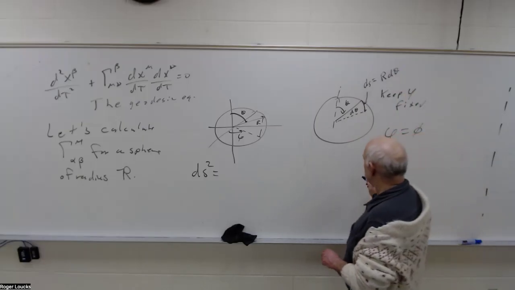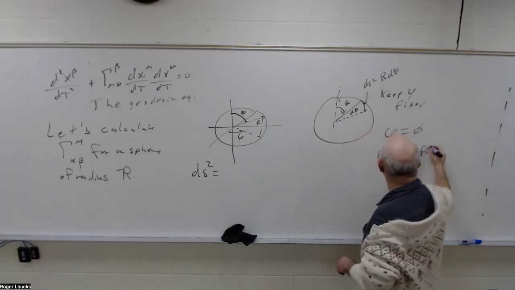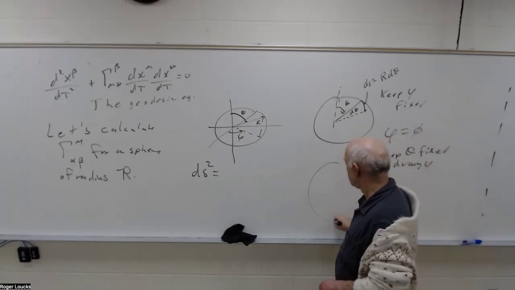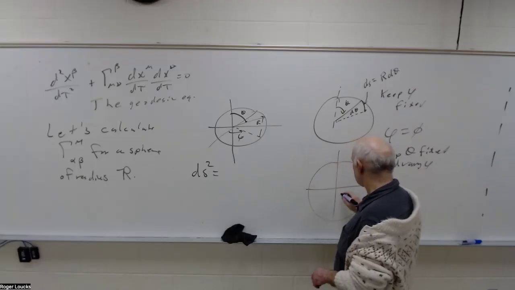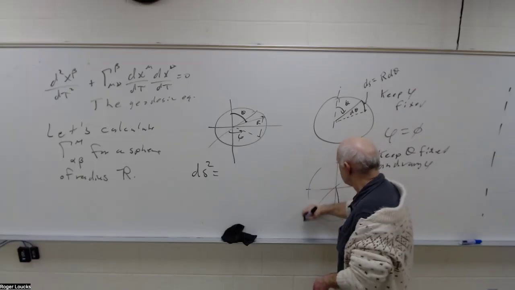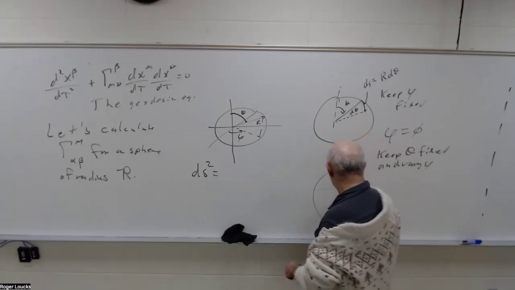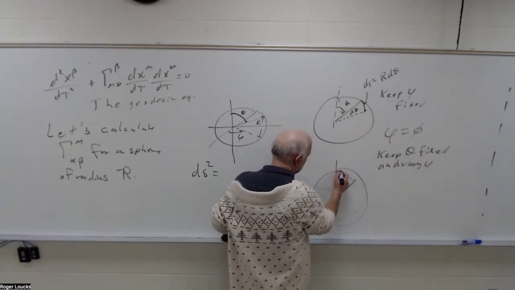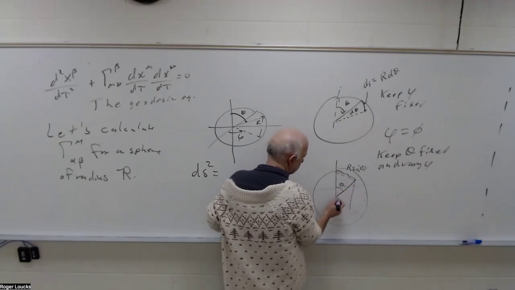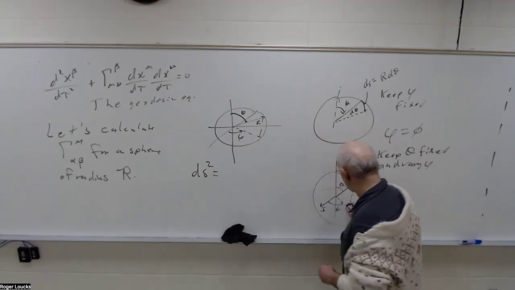Okay. Now, I'm going to keep theta fixed and vary phi. What is this going to be? This distance here is r sin theta. Look at that projection in the xy plane. Here's my phi.